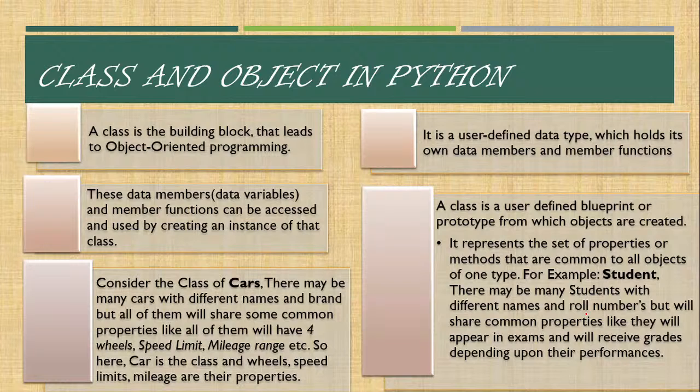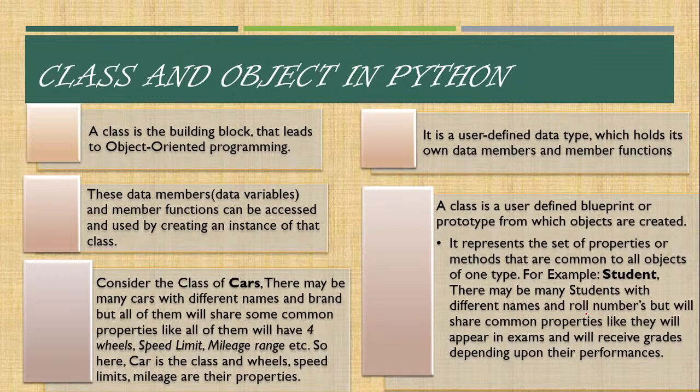Here is another example of a class, that is the car class. We know that if we consider different cars, all the cars have almost the same properties. They have four wheels, they could be used for driving and going somewhere, they will have some mileage also, and they will have some speed limit.